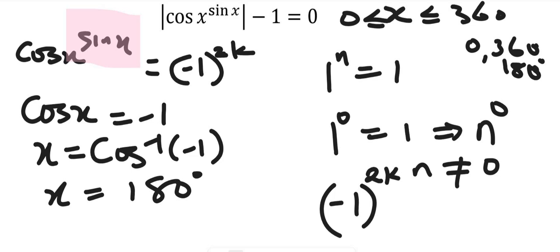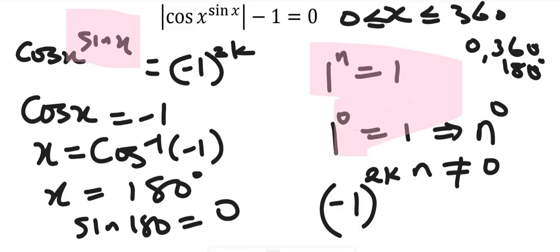Since cos inverse of minus 1 gives 180, let me check sine 180 and see if I'm going to get an even number. Sine 180 gives 0, so this is not an even number, which implies that this condition is not possible. So it does not satisfy the power. We've gotten 3 answers from the first 2 conditions stated there.